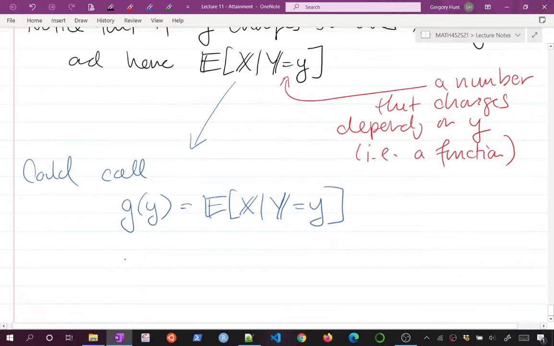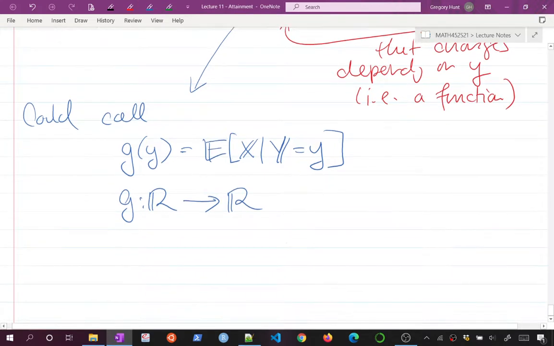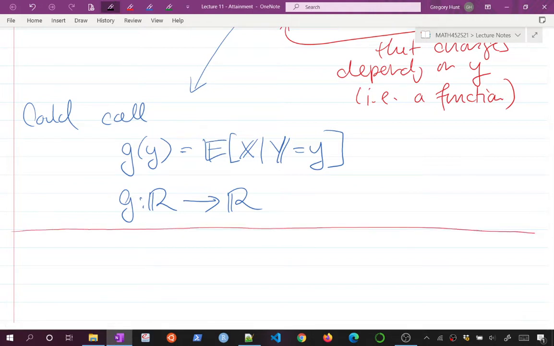And g is just some real valued function. You take in the value of little y, and it spits out the conditional expectation. Nothing too fancy. What gets fancy is when you say, so g is a function. I can look at functions of random variables.